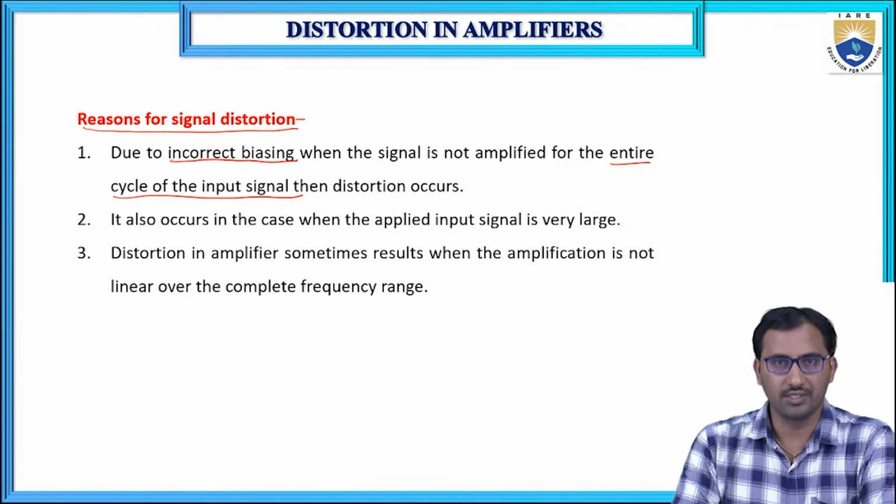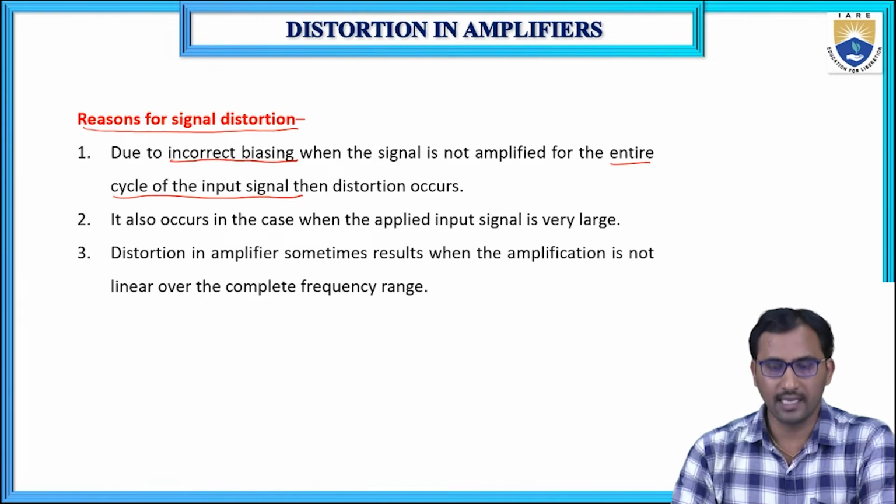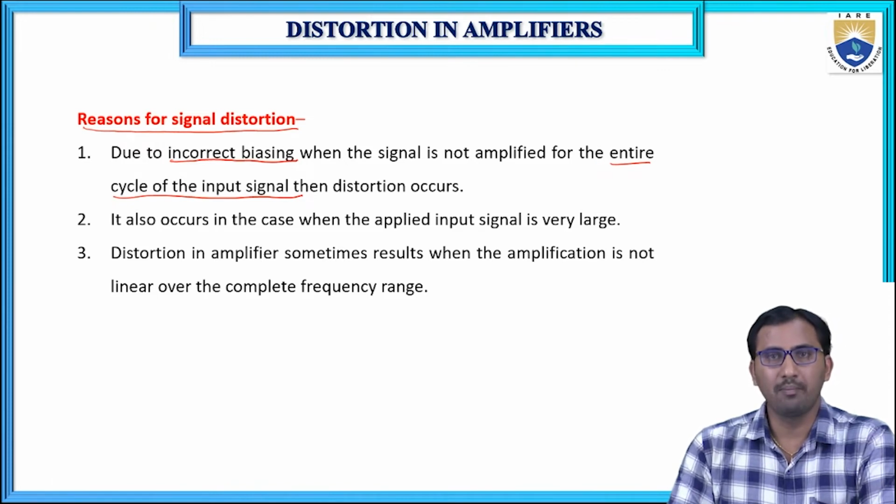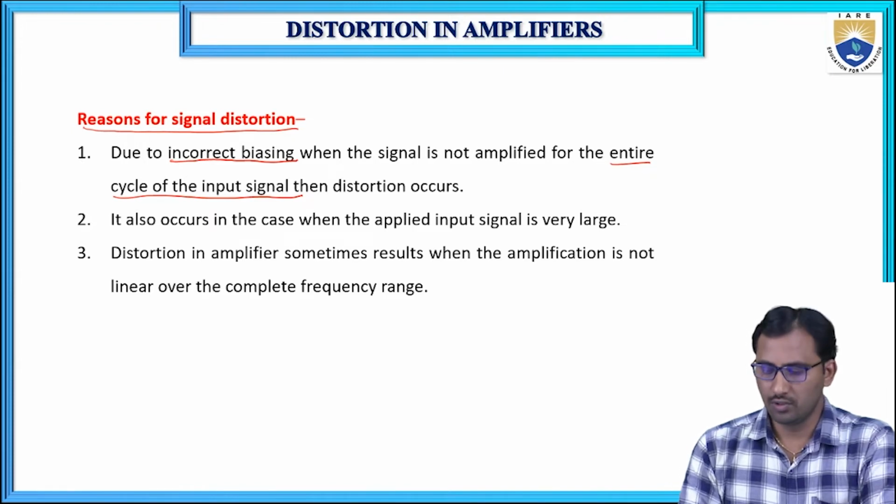That means we may provide poor biasing or over biasing. So due to that, the operating point might change.